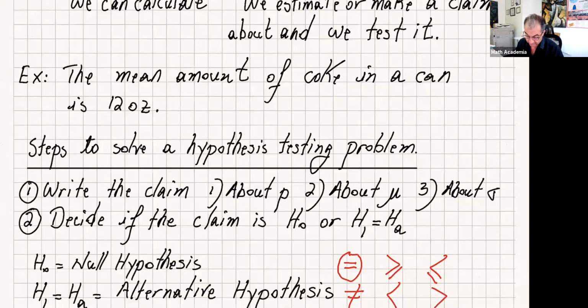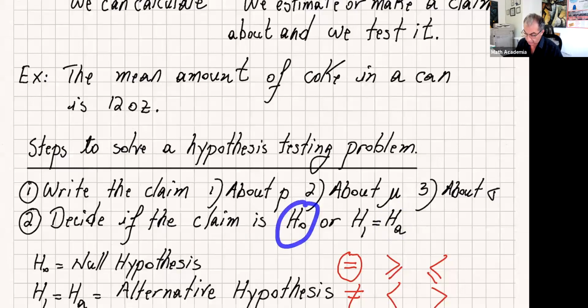When you read a hypothesis testing problem, write the claim. That's the first thing you want to do. Write the claim that needs to be tested. That claim can be about P, can be about mu, and can be about sigma. Then decide if the claim is H0 or H1. H1 is the same thing as HA.